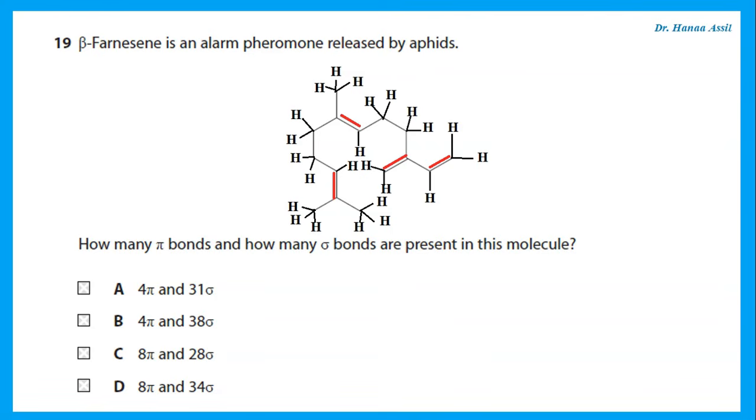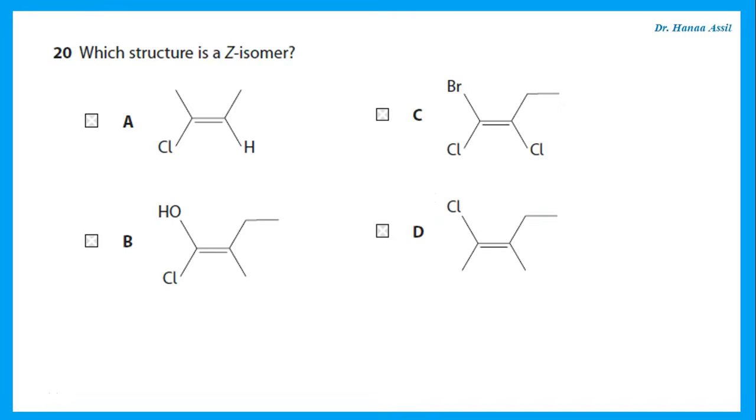So the total number of pi bonds is 4. And the sigmas is everything else, including the double bond, because each double bond has 1 sigma and 1 pi. So the total of all of this comes out to 38 sigma bonds.